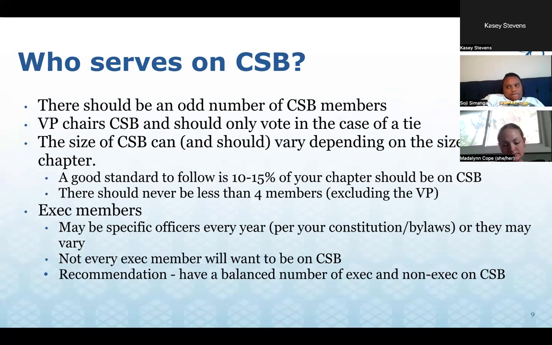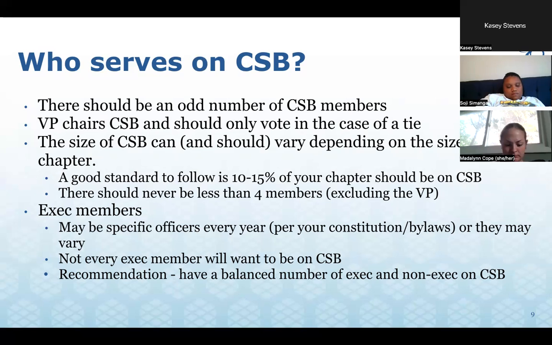So when it comes to who serves on your CSB, I always recommend that there be an odd number of CSB members, not including the VP. That means when all the members are present and you're voting on something, there isn't a tie. However, you might have in your chapter constitution and bylaws that there's 6 members on your CSB plus the VP.